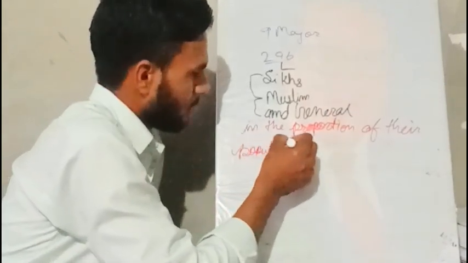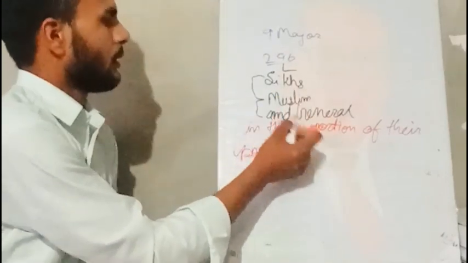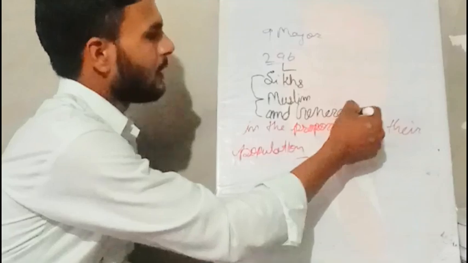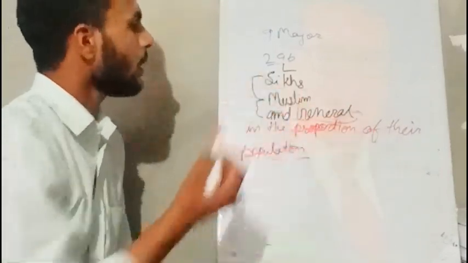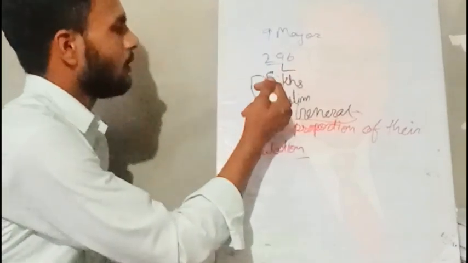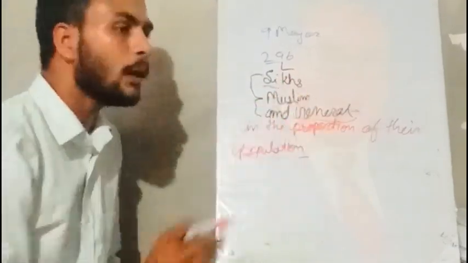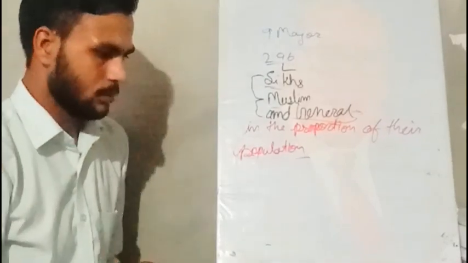All other religions are included in general. As the population is of Sikhs, Muslims, and general, we divide the seats in the same ratio.